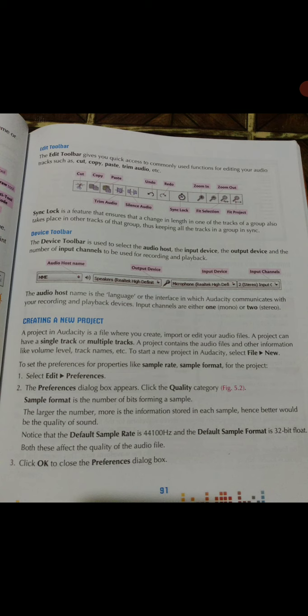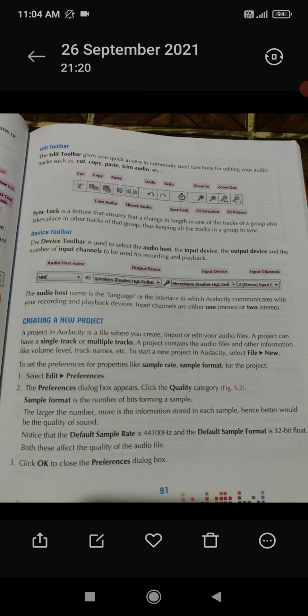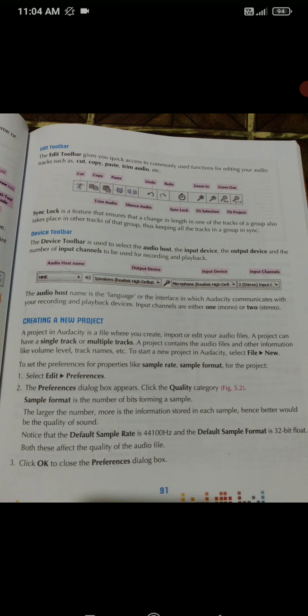Remember, there is a difference between single track and multiple track. A single track is one where the audio continues in only one-way motion, that is, only an individual, one-track music. And multiple means more than one.